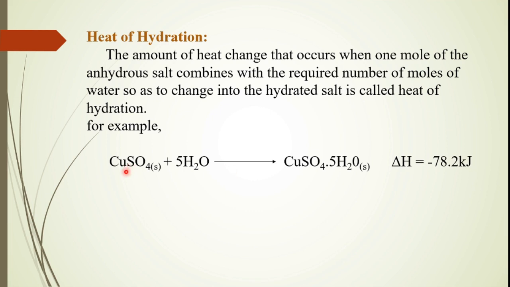So here we will take the example of copper sulfate. When copper sulfate reacts with 5 moles of water to form the hydrated form of copper sulfate, the heat released is equal to 78.2 kilojoule, and it is known as heat of hydration.